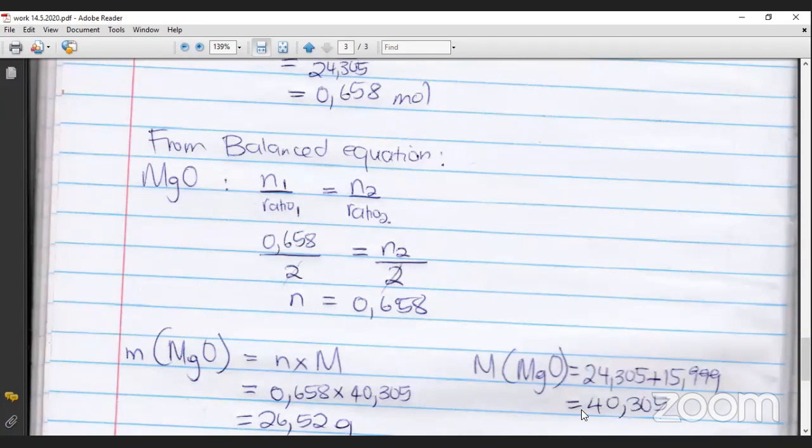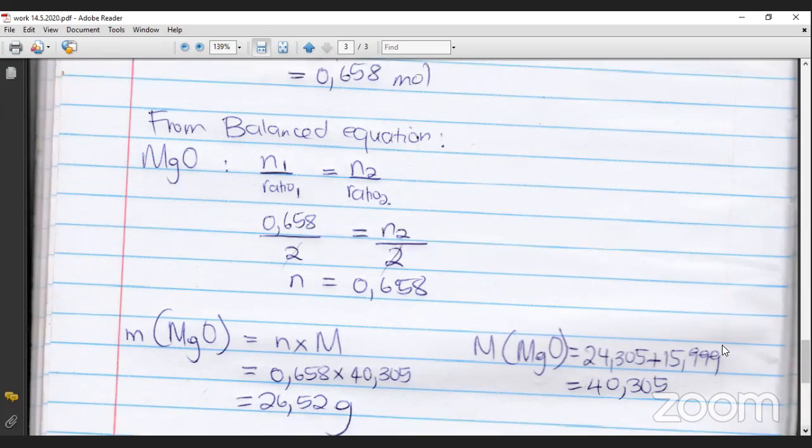And then from there, you take that and you put it back in the equation. So it's going to be 0.658 times 40.305, and that will give us an answer of 26.52 gram. I hope that you guys understand it. If you don't, tell me where you're getting lost, and I will help you.